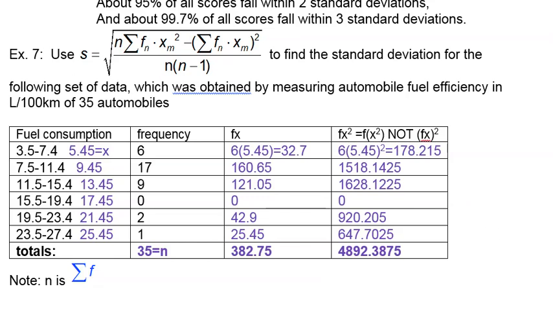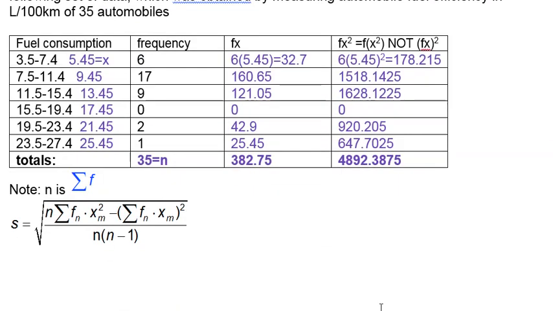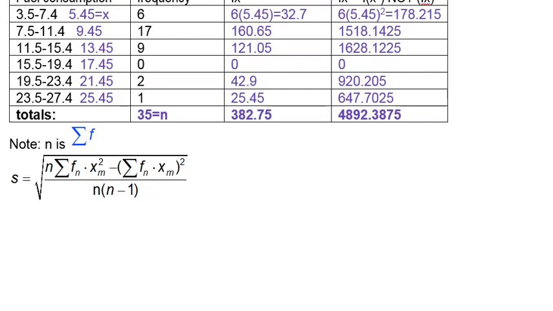So we plug that into our formula. And I need to scroll up so you can see what I'm doing. So our sum of fx squared is going to be our 4,892, etc. Our sum of f times x is going to be our 382.75, and then we'll square it. Our n is 35, and our n minus 1 is 34.